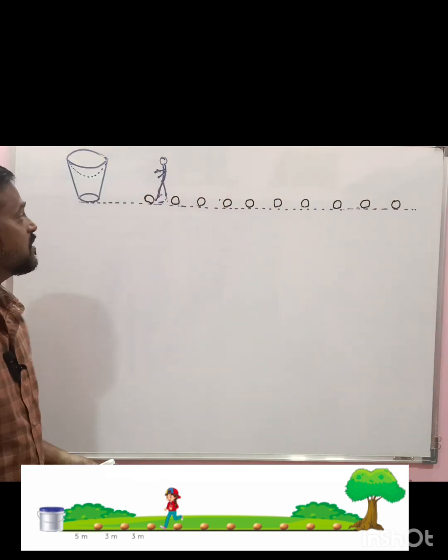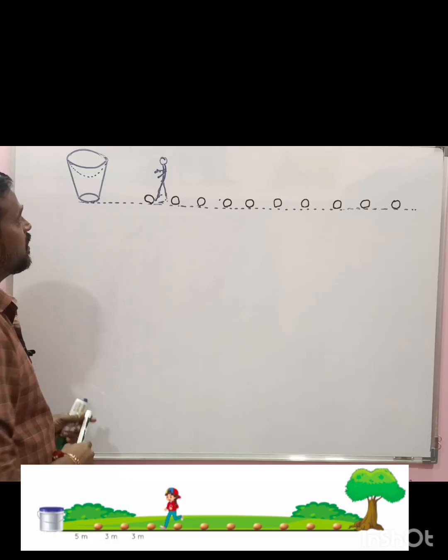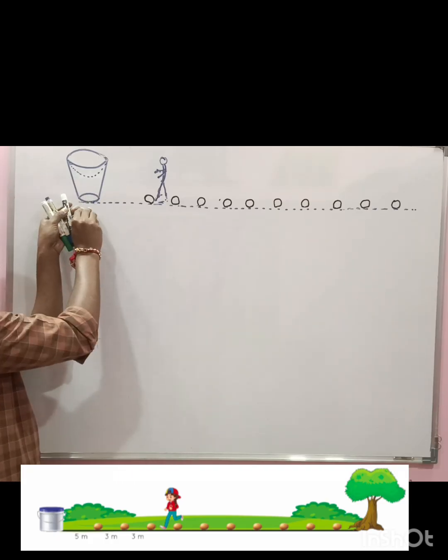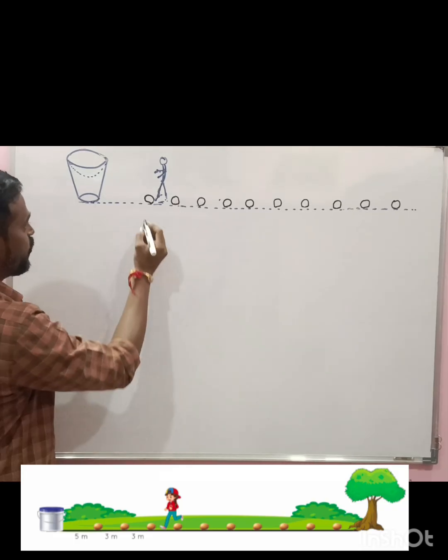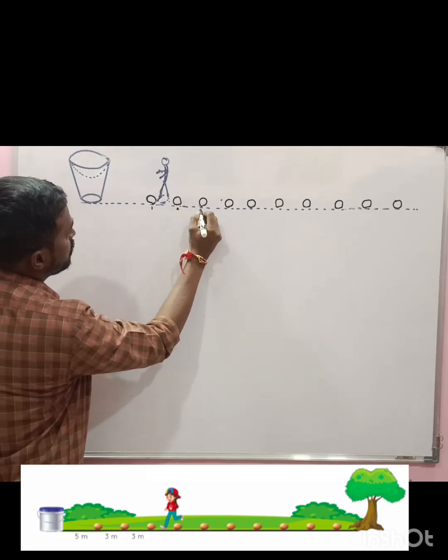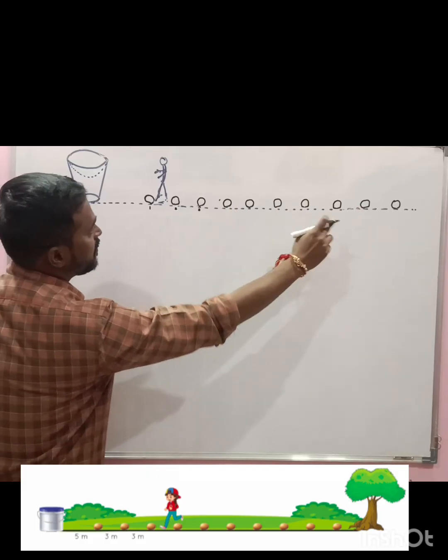Now the thing is, this competitor will start from the bucket, and this is the first potato, second potato, third potato, fourth potato, something like this.